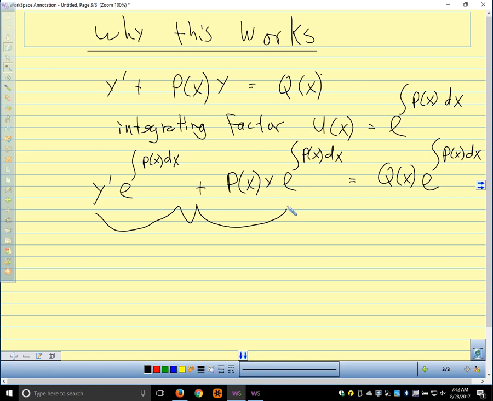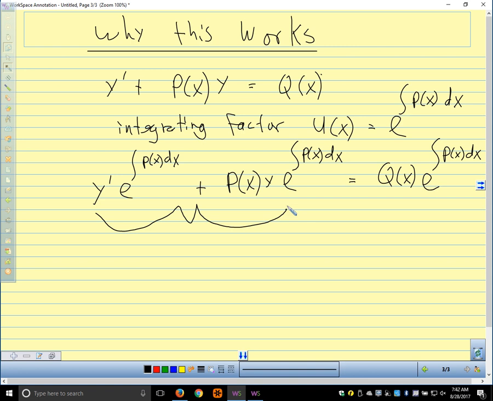What's the derivative of e to the something? It's e to the integral of p of x dx times p of x. So here is e to the something times p of x, and here is y prime times that thing.